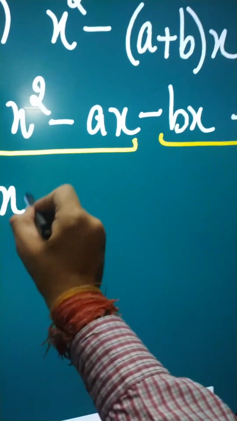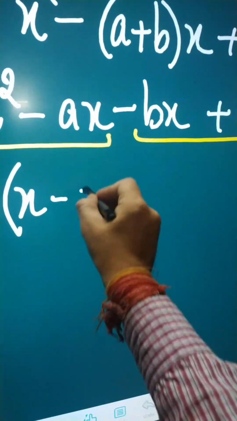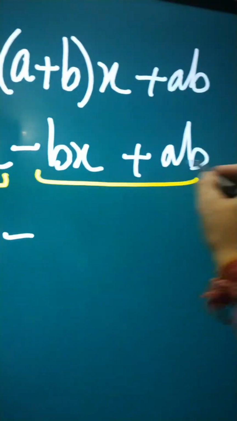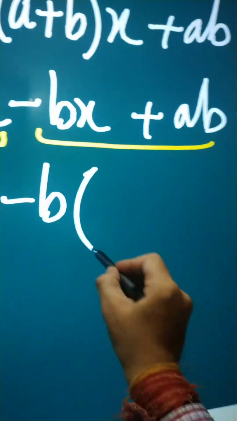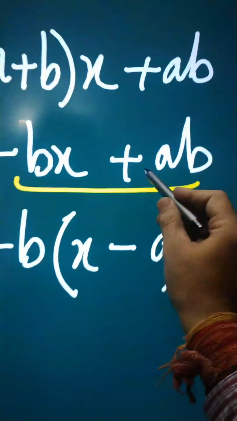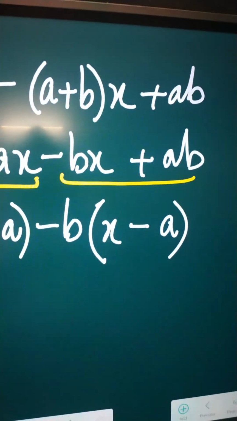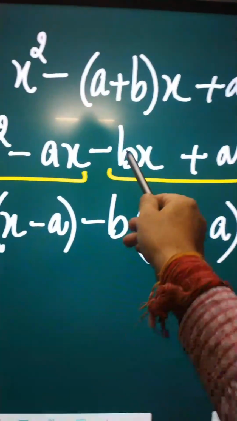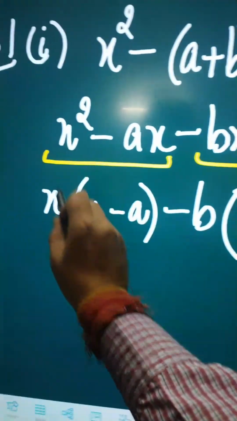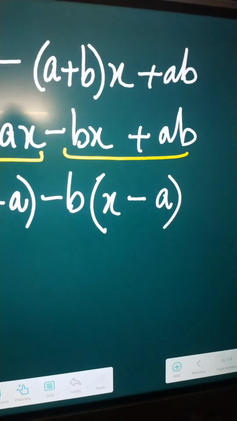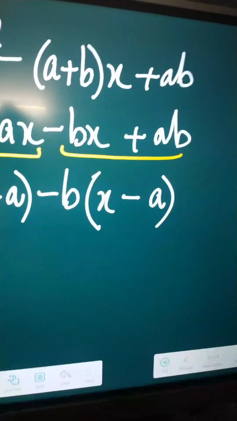So x is common: x into x minus a. Here it is minus, so what is common? b. Minus b into x minus a. Now how is it minus a here, whereas it is plus in the original? I had told you to first find the HCF, the same method I did in the starting of this class.